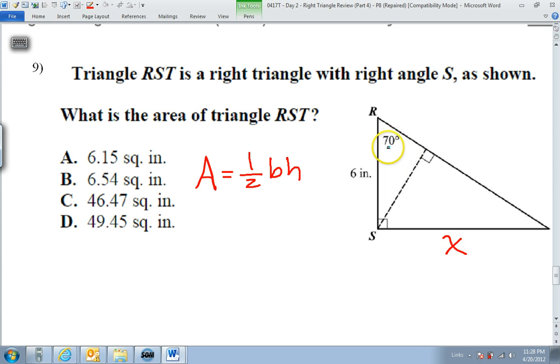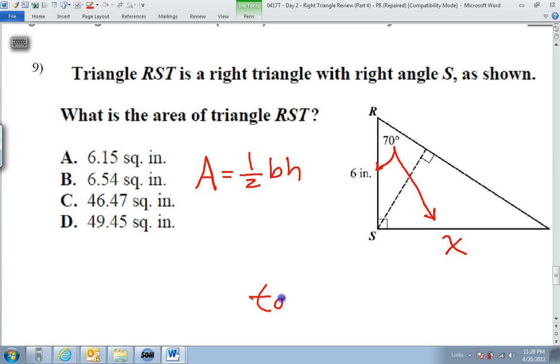So looking at the 70 degree angle, x is opposite and 6 is adjacent. So you've got opposite and we've got adjacent. Sounds to me like this is a job for the tangent function.